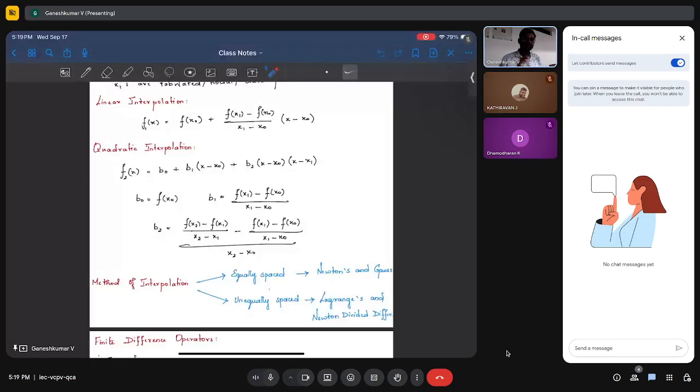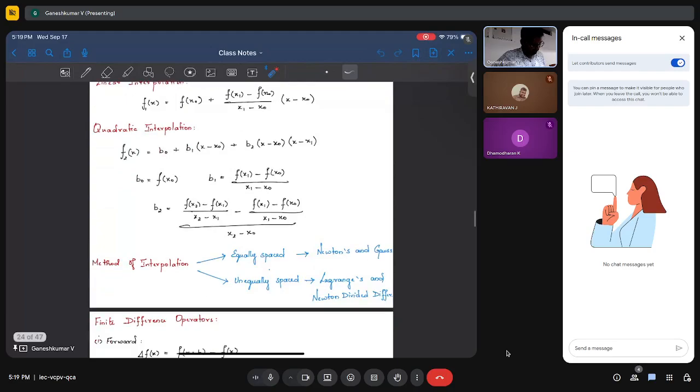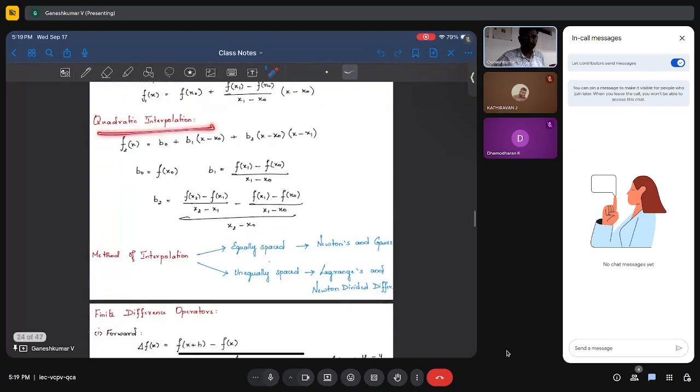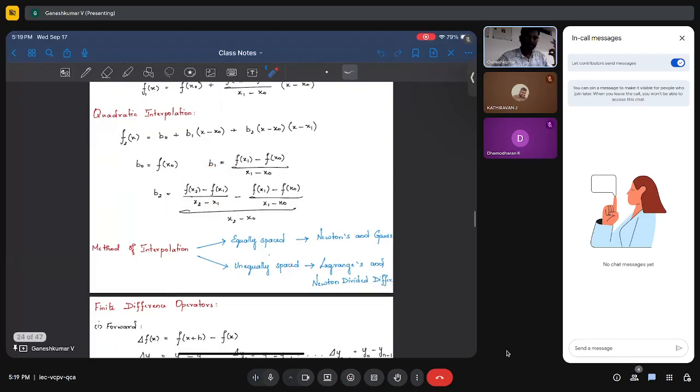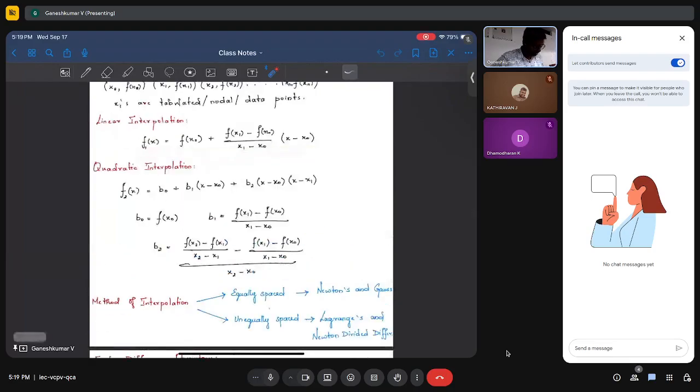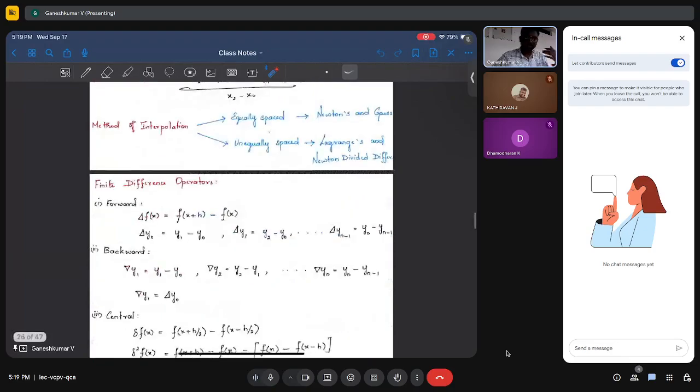Basically, between these points, you fit a quadratic function to get the value. For quadratic interpolation, you need one additional value, x2. For linear interpolation, you need only 2. For quadratic interpolation, you need 3. Similarly, you can increase it to higher orders.